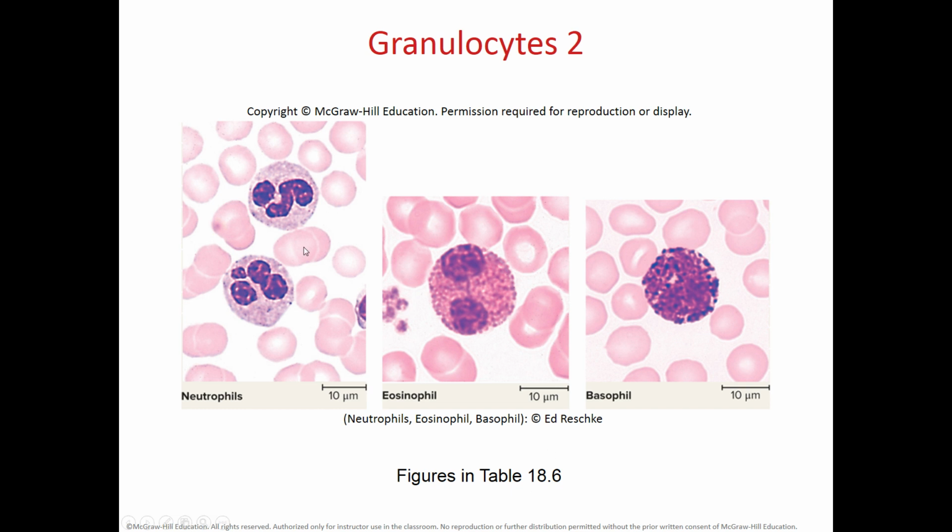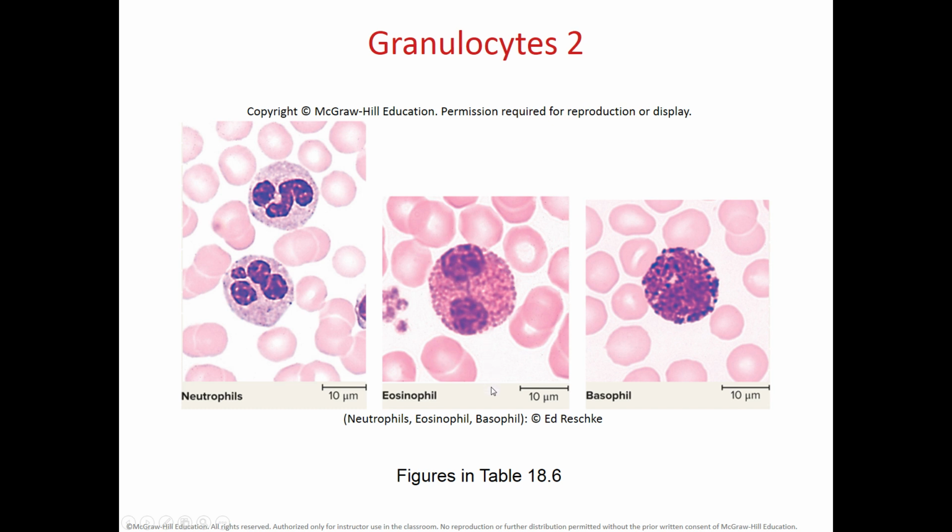So this is how the granulocytes look. This will be the neutrophils. As you can see, they have 3 to 4 lobes of nucleus in this case, and that's why they have a different shape. That's why they're called polymorphonuclear.